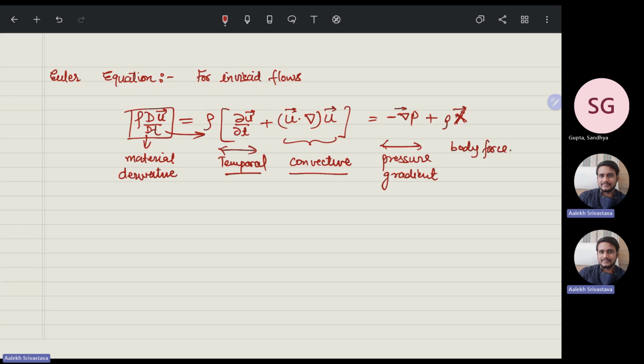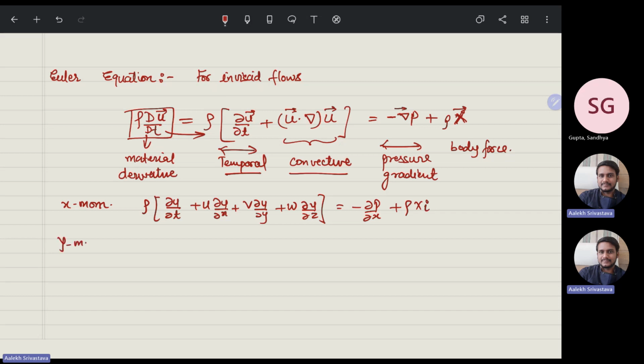All things are in vector form. If you write in Cartesian coordinates, for x momentum, u is written as a scalar: rho times del u by del t plus u del u by del x plus v del u by del y plus w del u by del z is equal to minus dp by dx plus rho times Xi, where Xi is the component of the body force in the x direction.